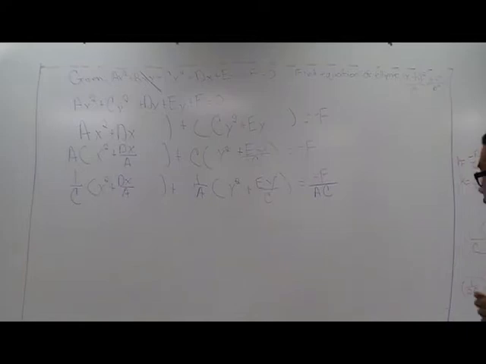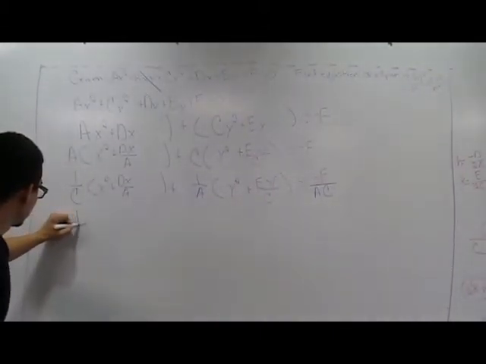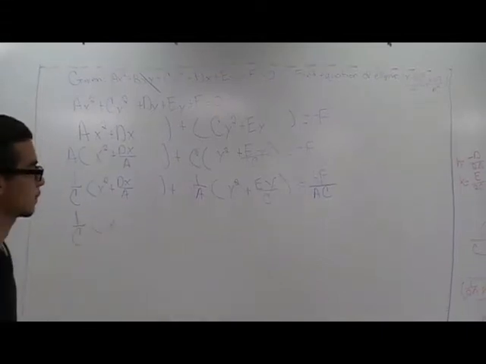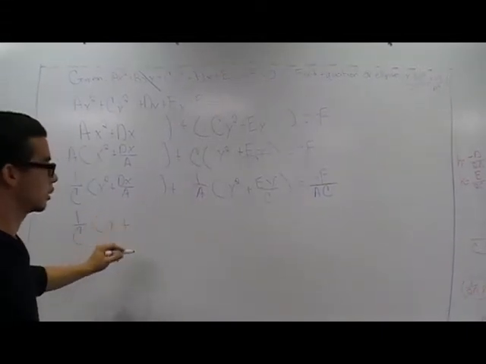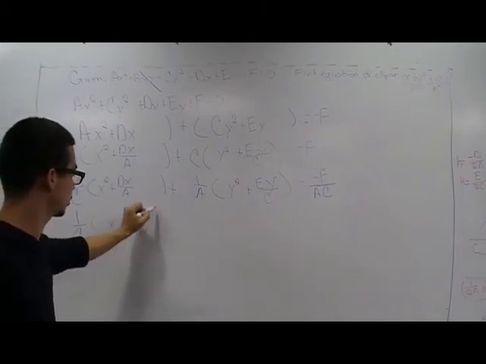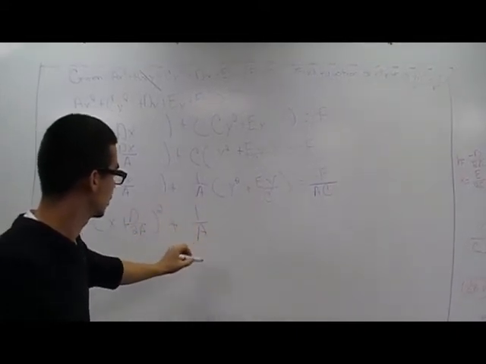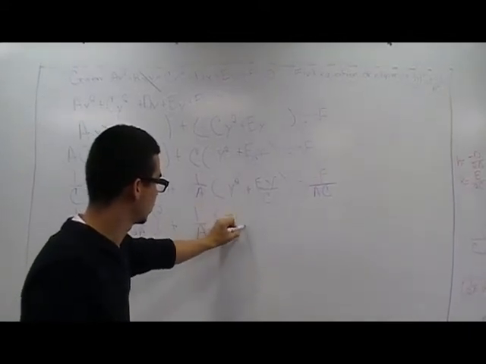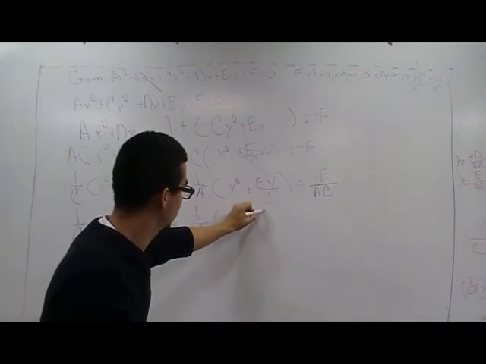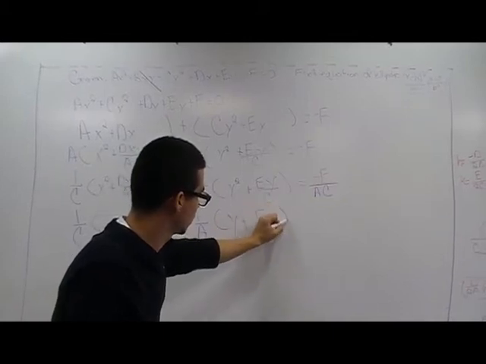And so now we can finally complete the square. We will be left with 1 over c times (x plus d over 2a) squared plus 1 over a times (y plus e over 2c) squared.